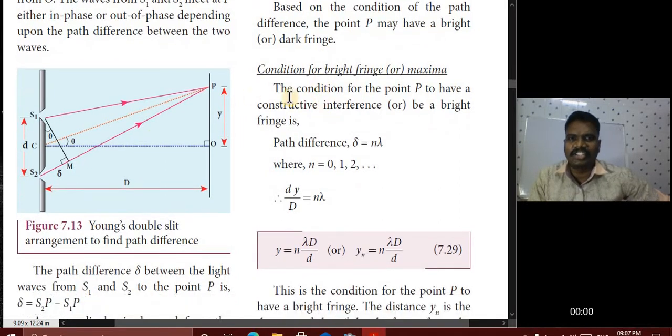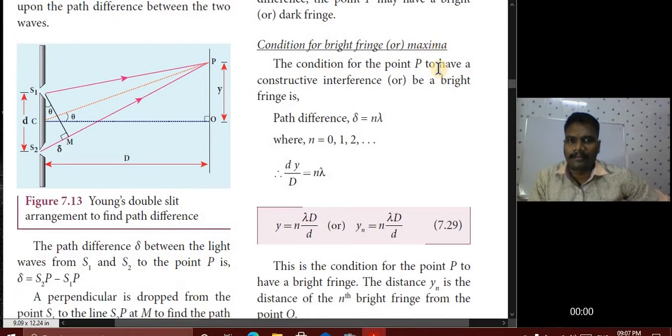The conditions for bright fringes, or maxima: for the point P to have constructive interference, that is, to be a bright fringe, the path difference del is equal to n lambda, where n is equal to 0, 1, 2.